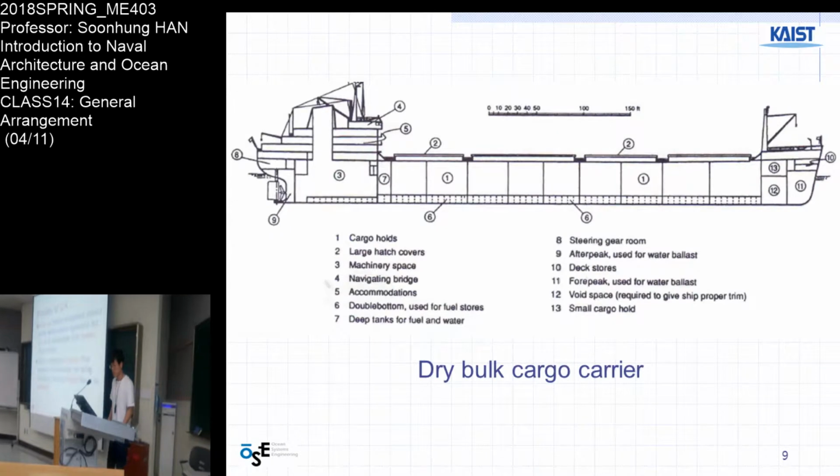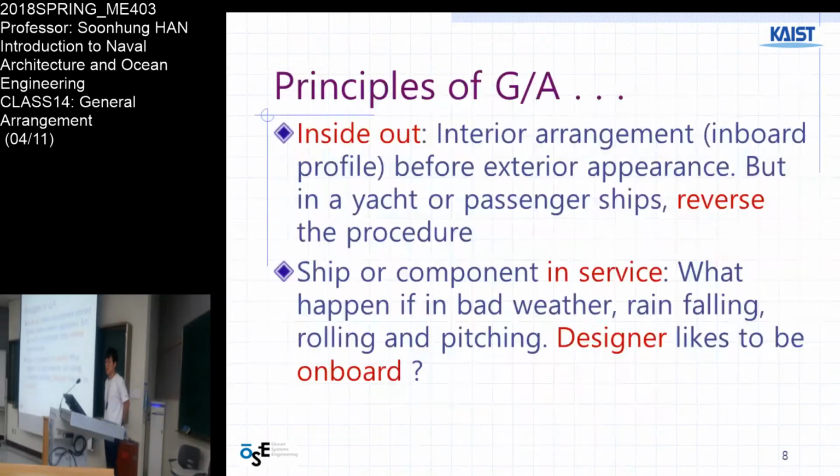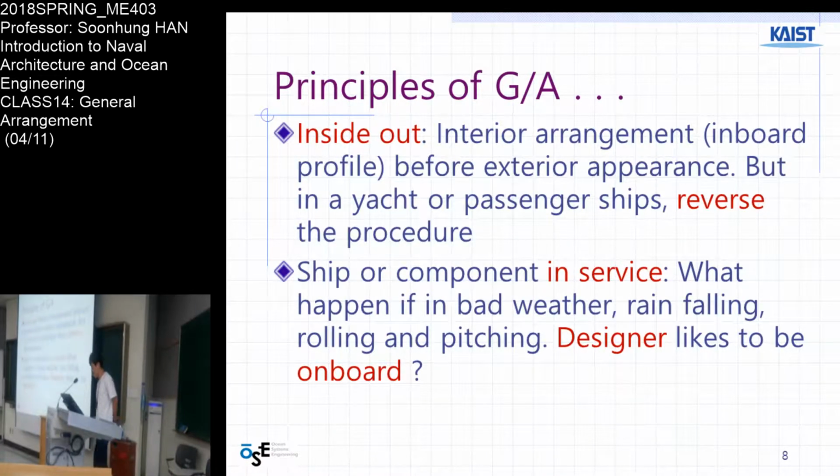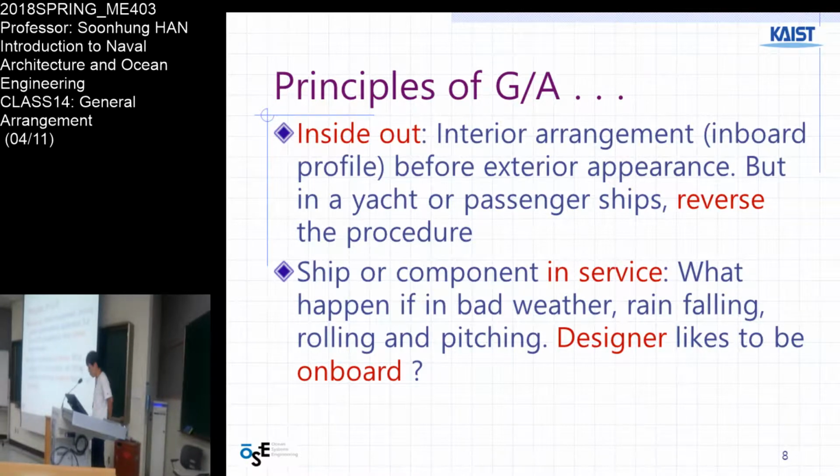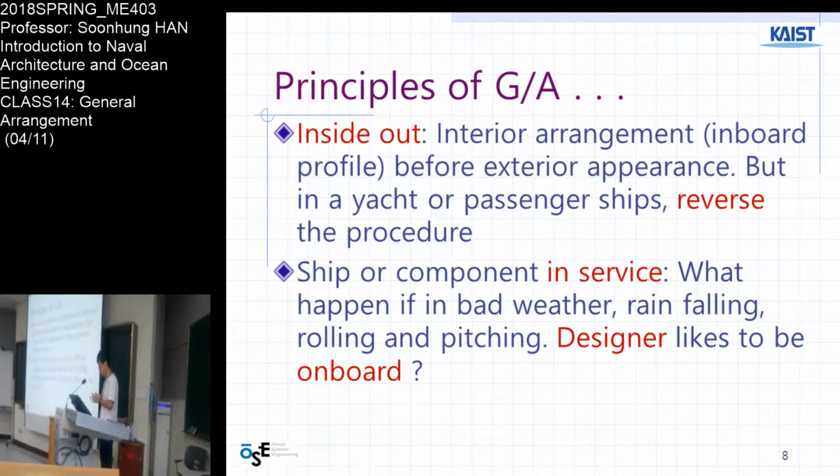And the next principle is inside out. We should locate some important parts like engine room, cargo space, accommodation, oil tank, water tank, and float tank. And then we have to design the exterior appearance.